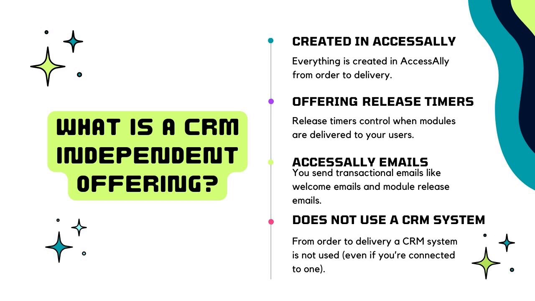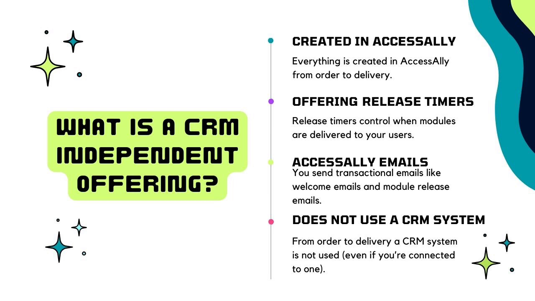So each release timer controls when the modules inside your offering are delivered to your participants. The system uses AccessAlly emails, which sends transactional emails like welcome emails and module release emails. And this does not use a CRM system at all.